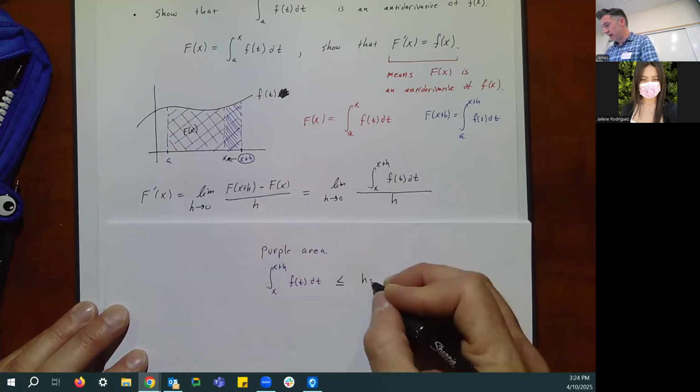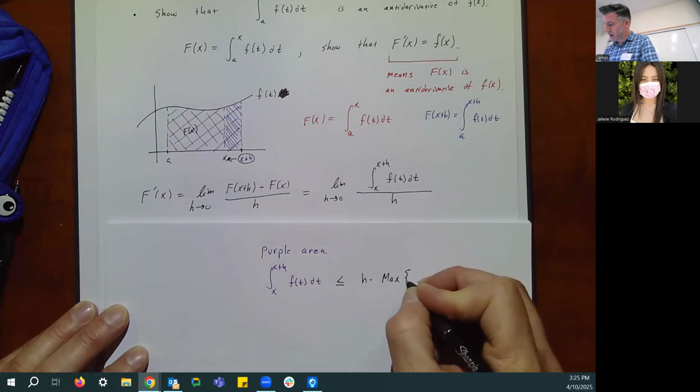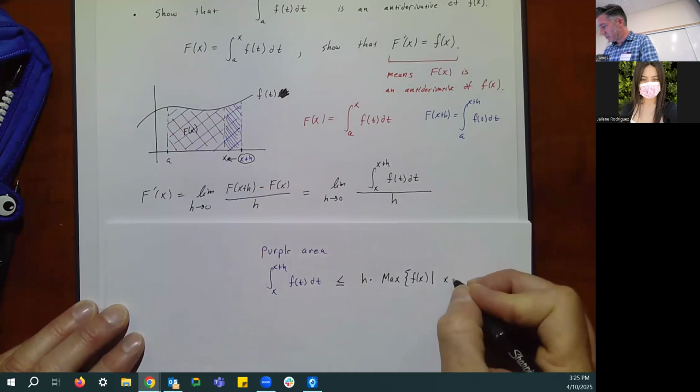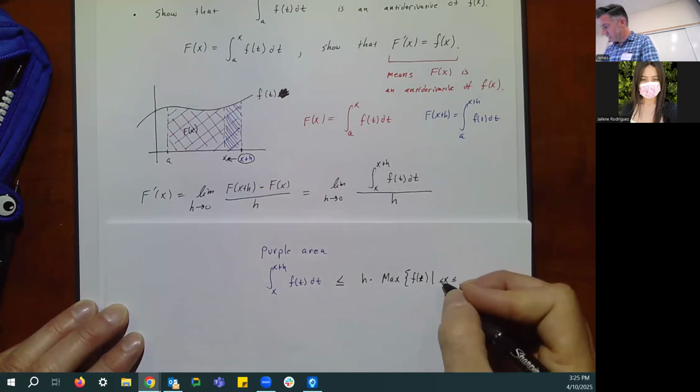So it's less than h times the maximum of f of t, where t is between x and x plus h.